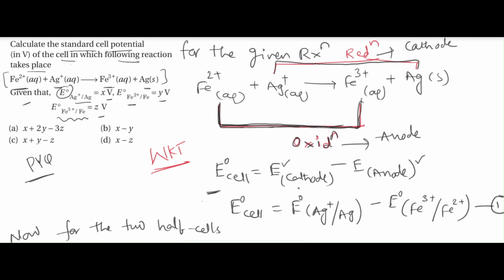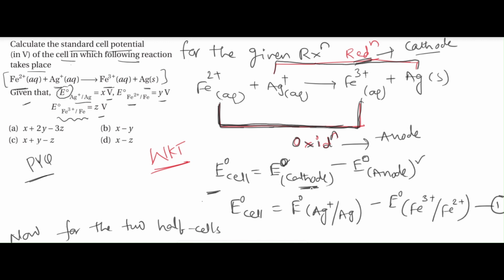E naught cell equals the electrode potential at the cathode. As in the Daniell cell, the reduction reaction always takes place at the cathode.